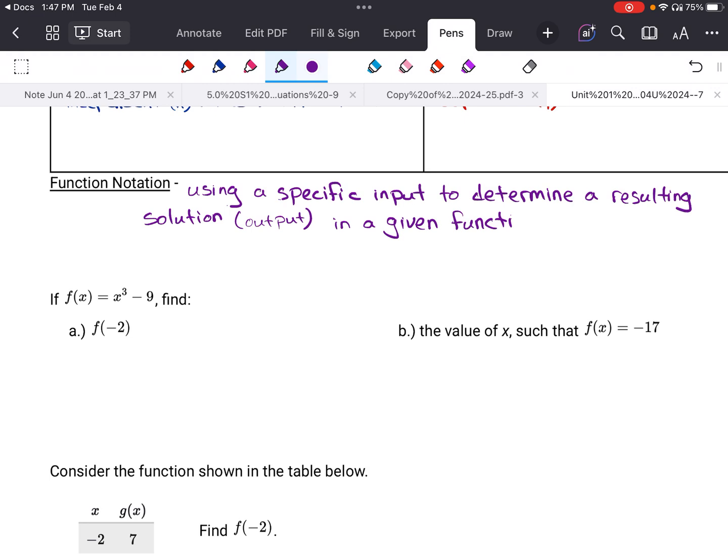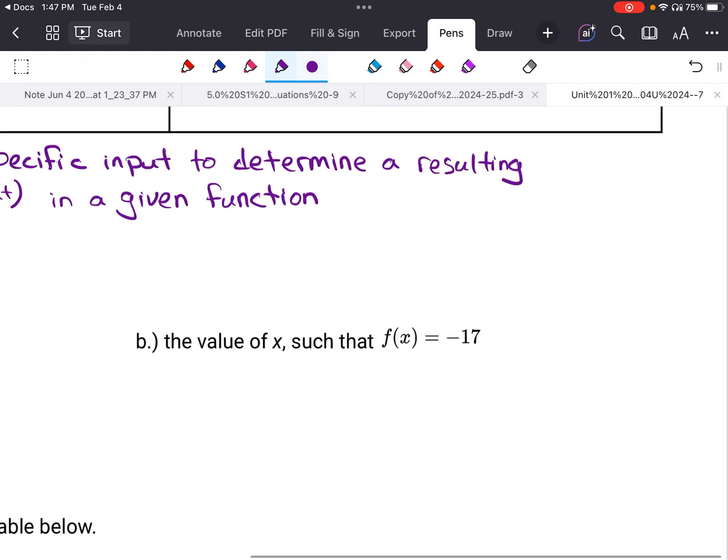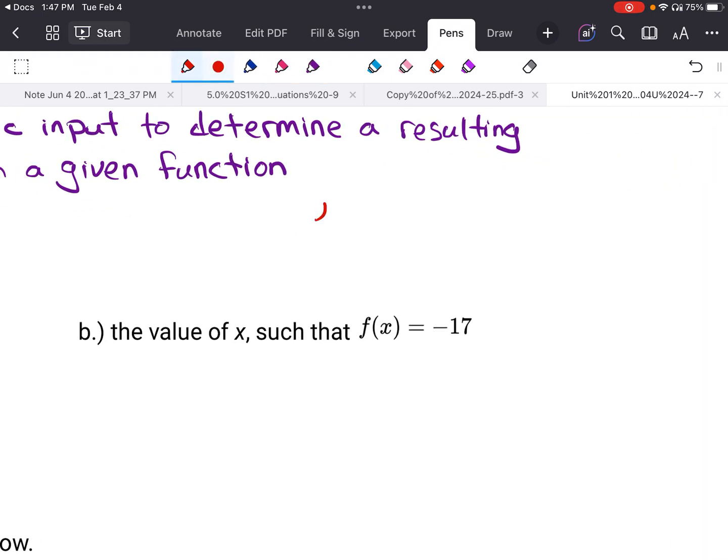So knowing a specific x value, plugging that into the function to figure out the y value.